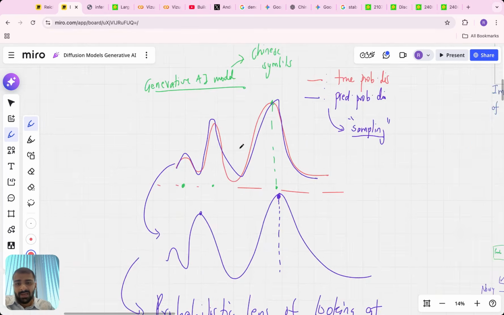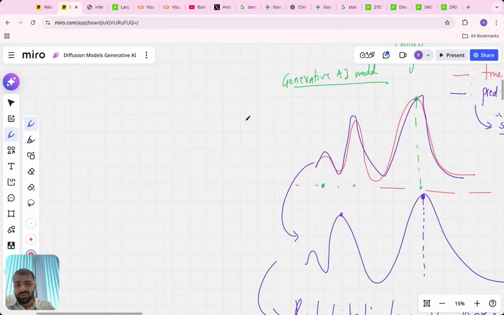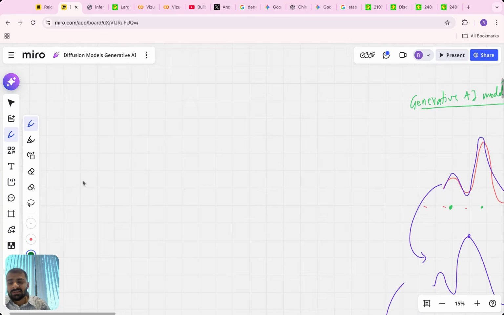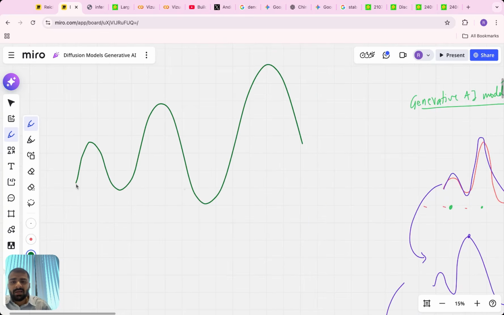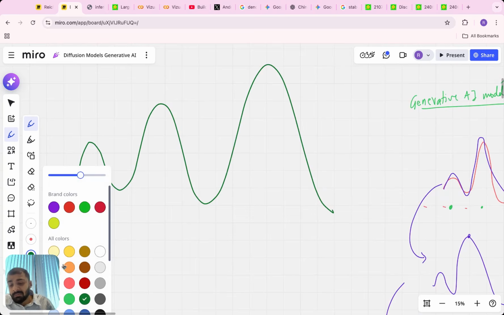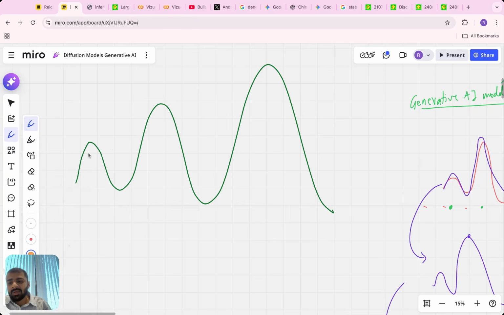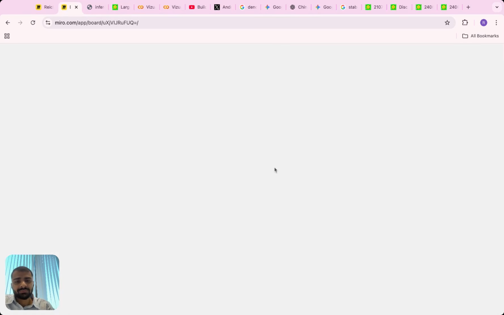What if we do something similar for text? Let's say this is the underlying true probability distribution of meaningful text. Why can't we train a diffusion model on text so that it follows this exactly? That's the question which these authors essentially asked.